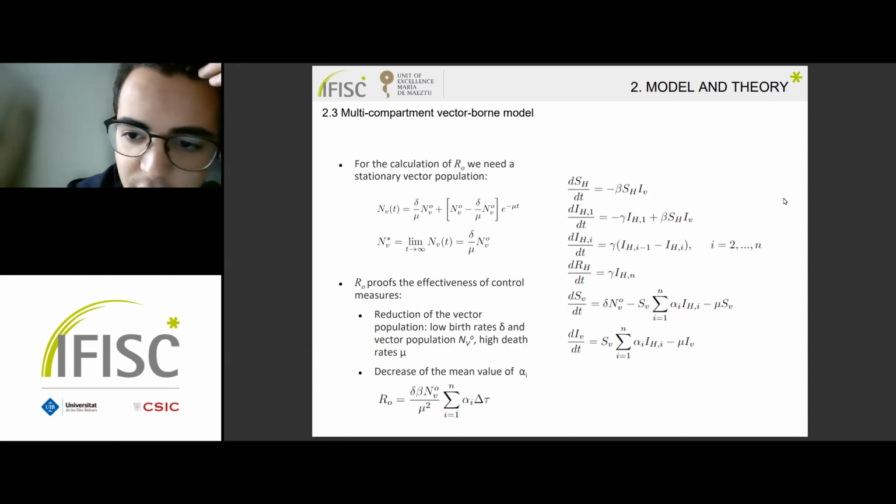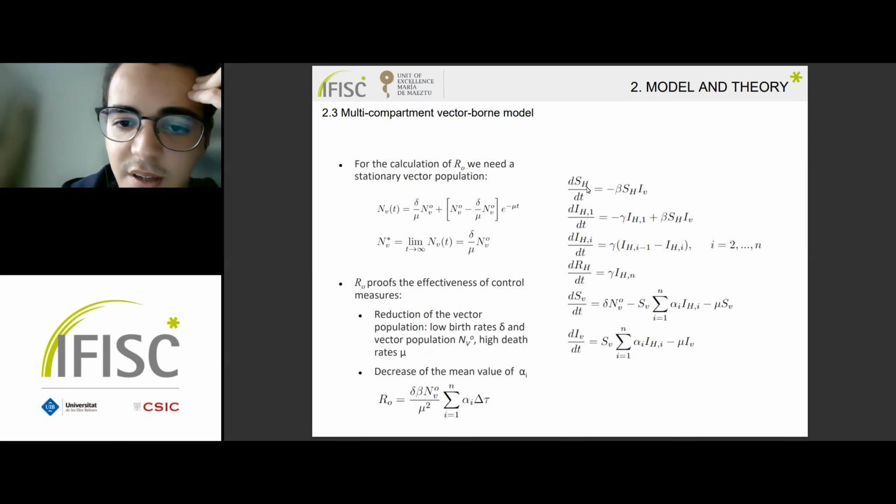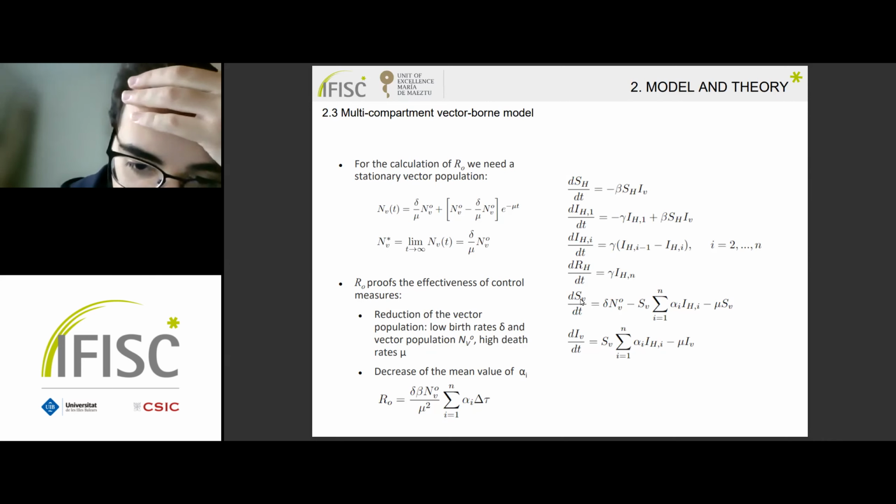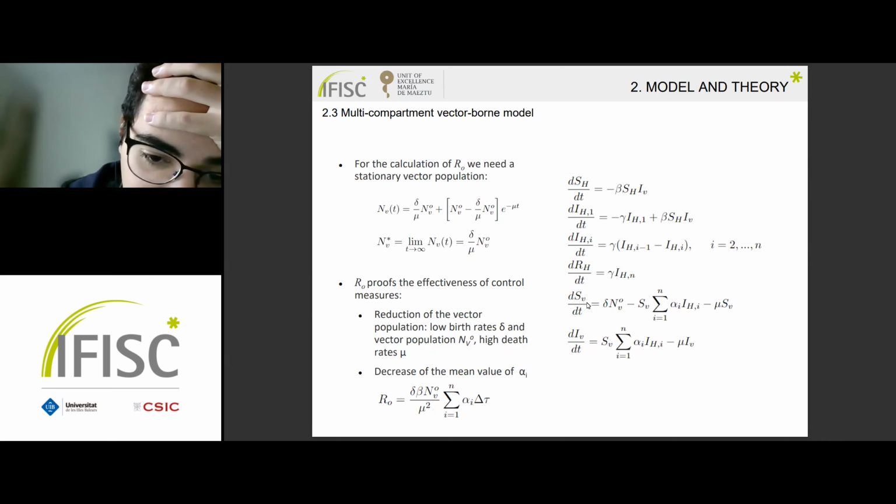These are the equations. I will explain them. As you can see, for the hosts, we have a loss of susceptible hosts due to an interaction with an infected vector. So hosts get infected from infected vectors. And we have a loss of susceptible vectors through an interaction with infected hosts coming from all the compartments. So vectors get infected from infected hosts.